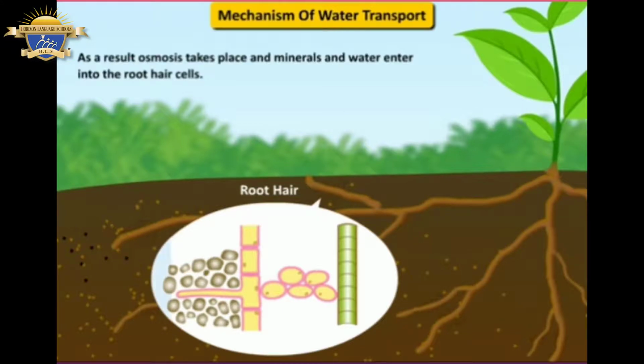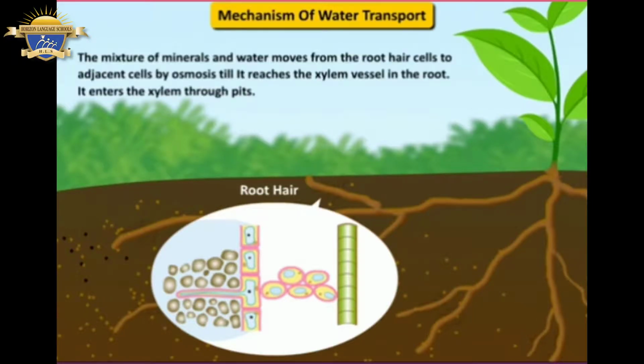As a result, osmosis takes place and minerals and water enter into the root hair cells. The mixture of minerals and water moves from the root hair cells to adjacent cells by osmosis till it reaches the xylem vessel in the root. It enters the xylem through pits.